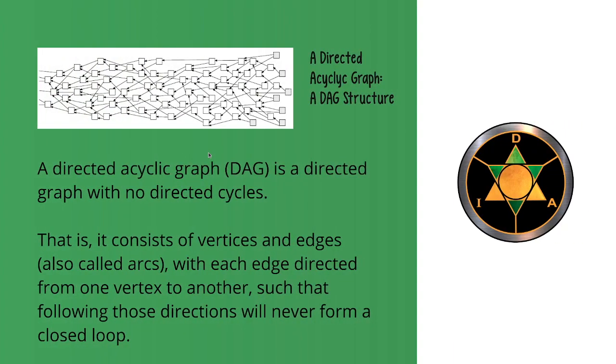The next structure that we will look at is a directed acyclic graph, or a DAG, which is basically made up of vertices and edges. When you look at this structure, what we call vertices are these little squares, and they represent transactions.